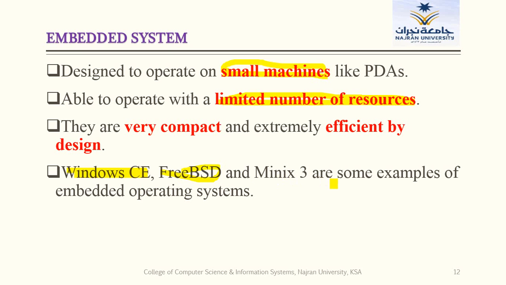FreeBSD and Minix 3 are also examples. Also, you have Android, and Apple uses its own operating system. All these are examples of embedded operating systems. The important thing is that embedded operating systems are used to operate small devices like PDAs and these types of things.